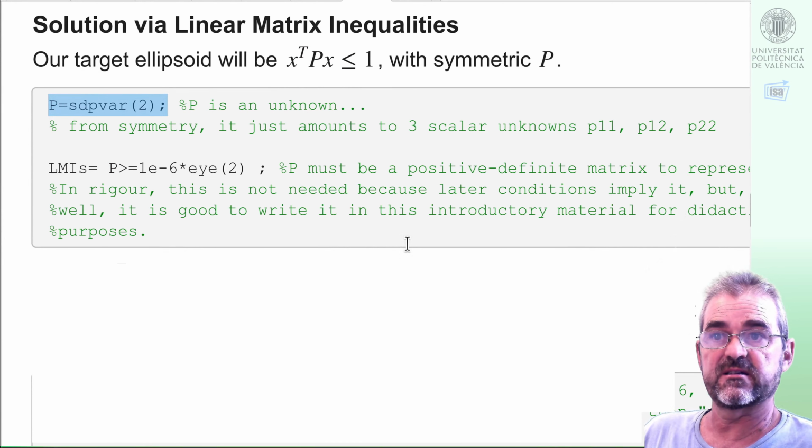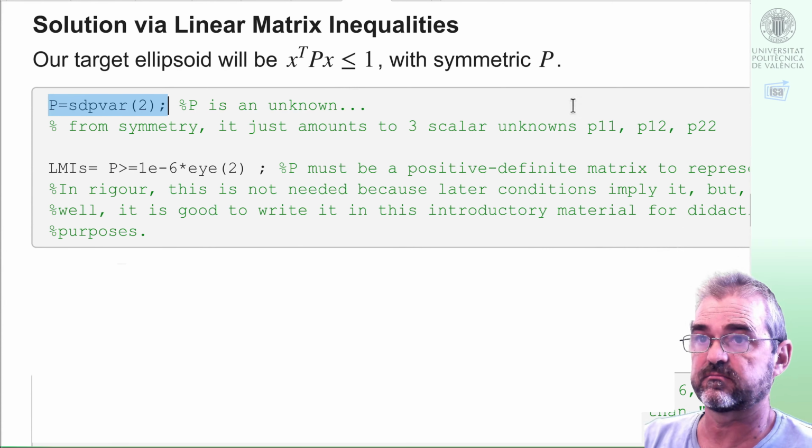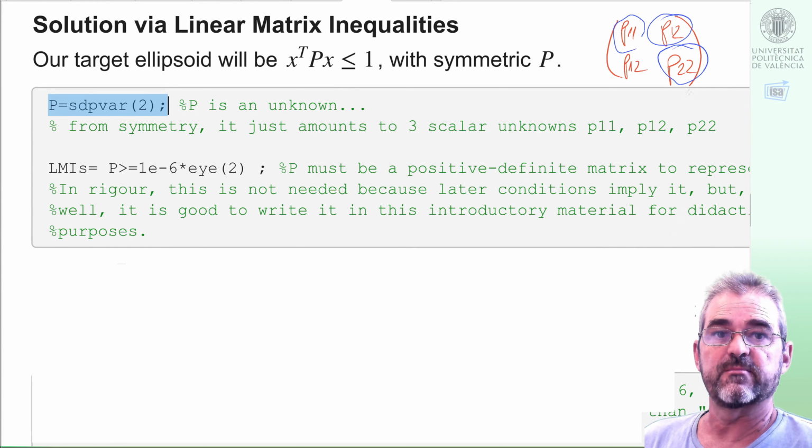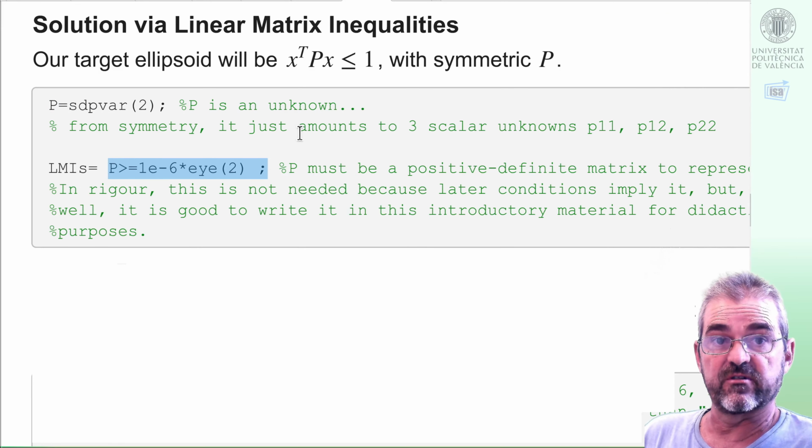It's an unknown matrix that is by default symmetric, so it encodes 3 scalar decision variables that my solver must find. Our first constraint will be that P must be a positive definite matrix, so I get an ellipse. So I am saying that the minimum eigenvalue of P must be greater than, let's say, 10 to the minus 6.